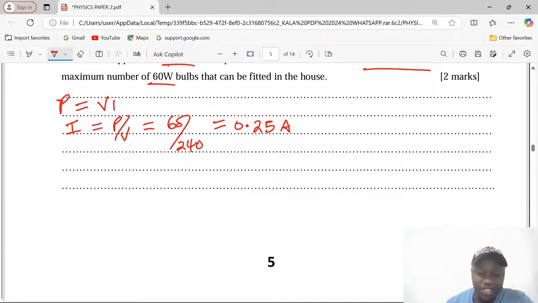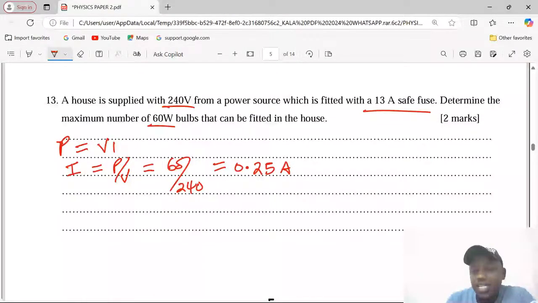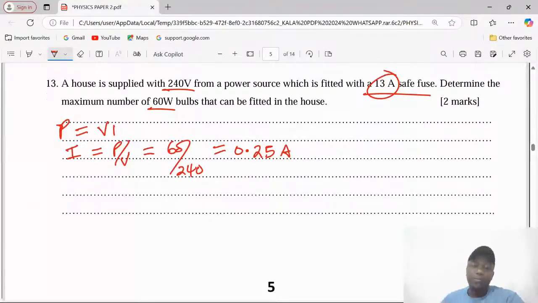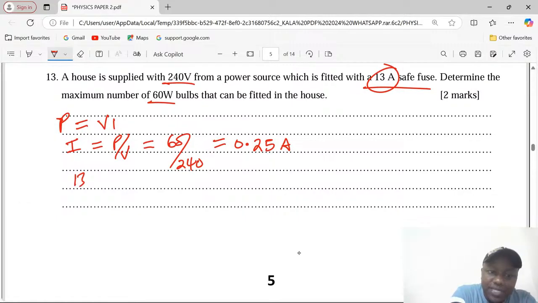With that current, and now we have a 13 ampere fuse. The rating of the fuse is supposed to be slightly above that of the electrical devices being used. Therefore, for 13 amperes, how many devices rated 0.25 can be fitted? I'm getting 52 bulbs.